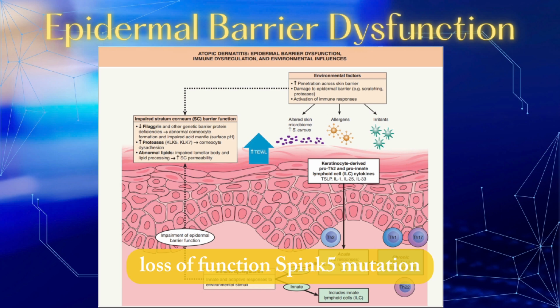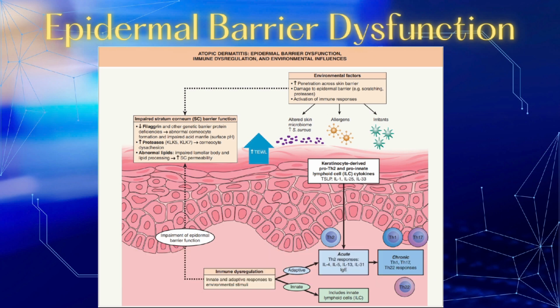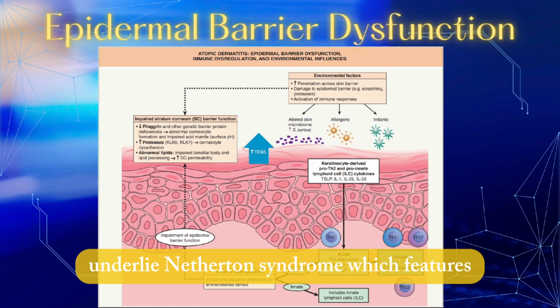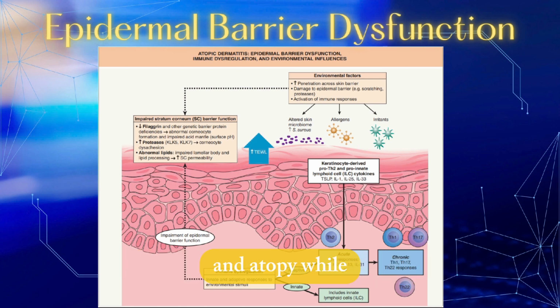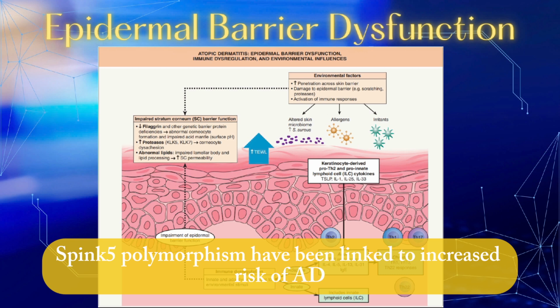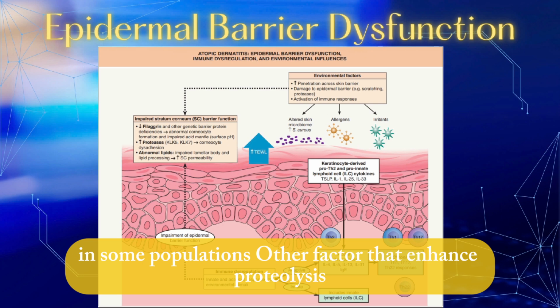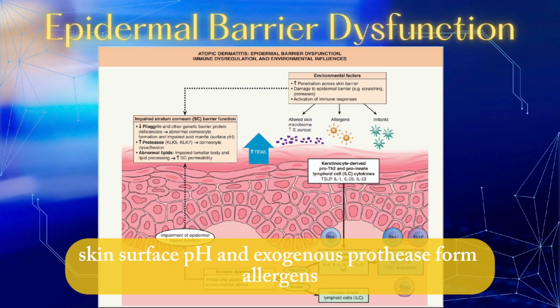Biallelic loss-of-function SPINK5 mutation underlies Netherton syndrome, which features profoundly compromised barrier function and atrophy, while SPINK5 polymorphism has been linked to increased risk of AD in some populations. Other factors that enhance proteolysis include increased skin surface pH and exogenous proteases from allergens.